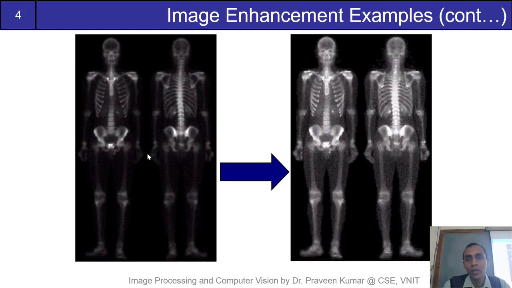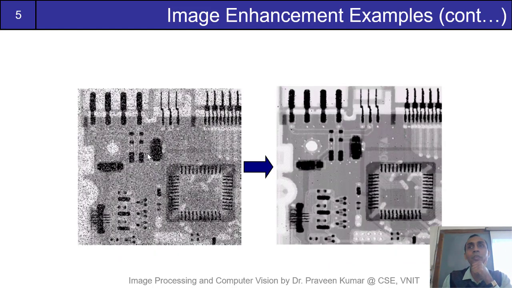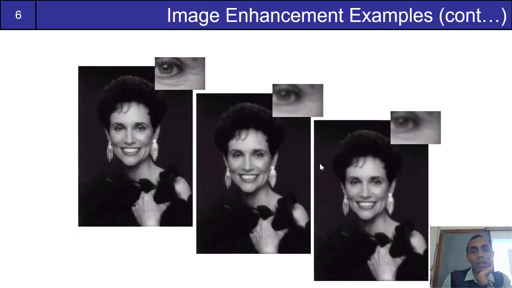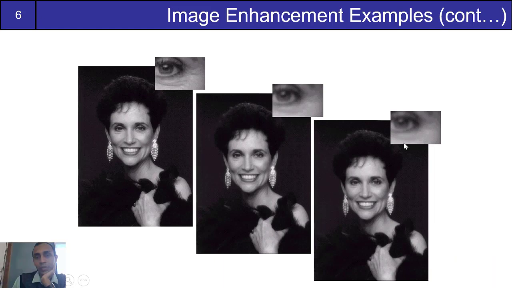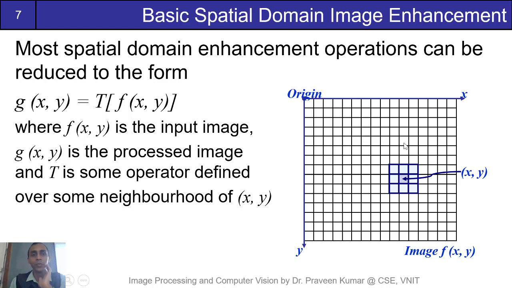This is another image where the gray levels have been stretched in order to see some more detail. And this is an example of suppressing noise. If the image is corrupted by some random Gaussian noise, we can do some enhancement techniques by which we can remove noise. And this is just to make the image smoother and more appealing, a smoothing effect.